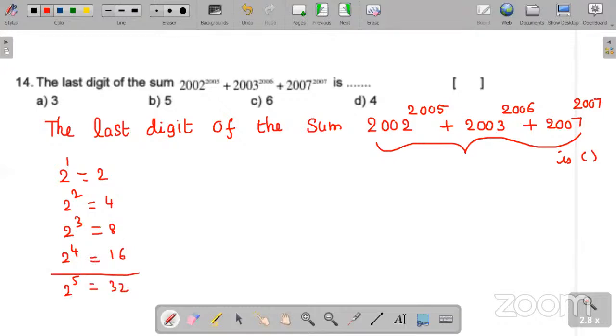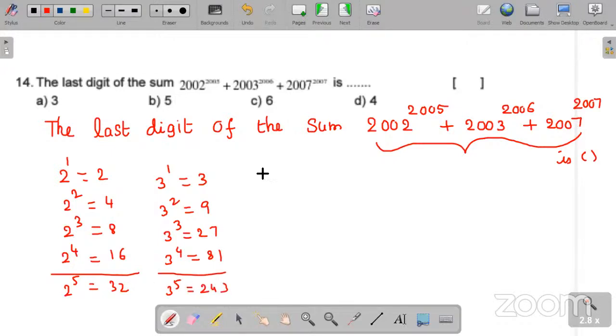You stop here. After 4, it repeats again with unit digit 2. 3 power 1 is 3. 3 square is 9. 3 cube is 27. 3 power 4 is 81. Again 3 power 5 is 243.